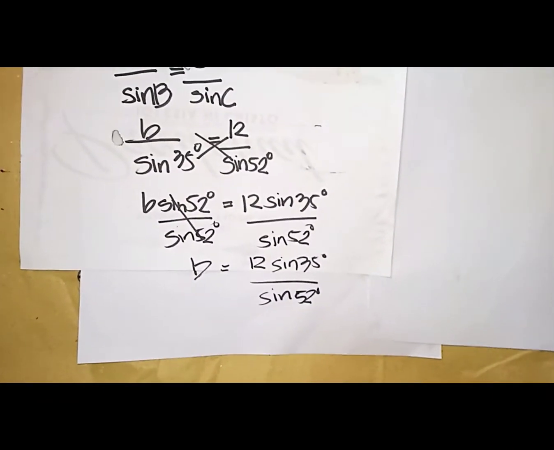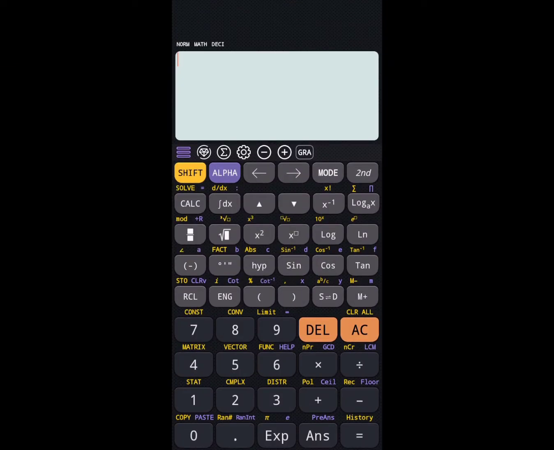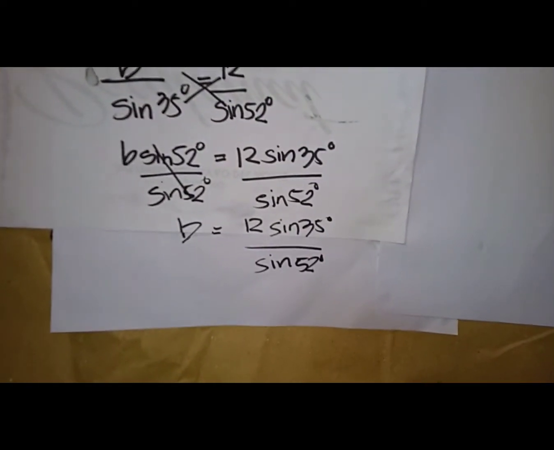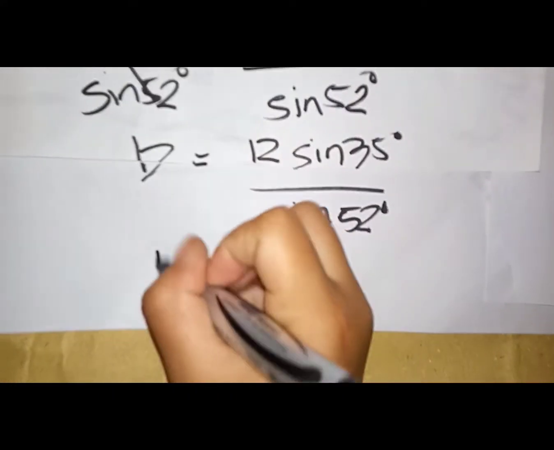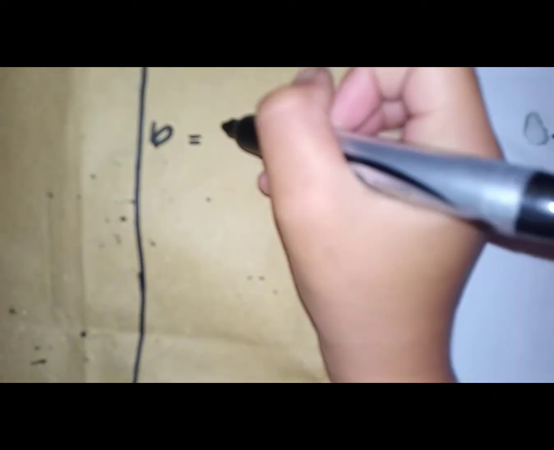Then, use the calculator to find the final answer. B is equal to 12 sine 35 over sine 52, our side B is equal to 8.6. So our B here is equal to 8.6.